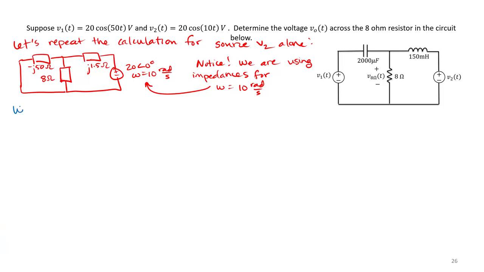Another thing you can notice is we can use the same procedure as before. We can notice that the voltage we're trying to find is the voltage across the 8 ohm in parallel with the minus J50 ohm.